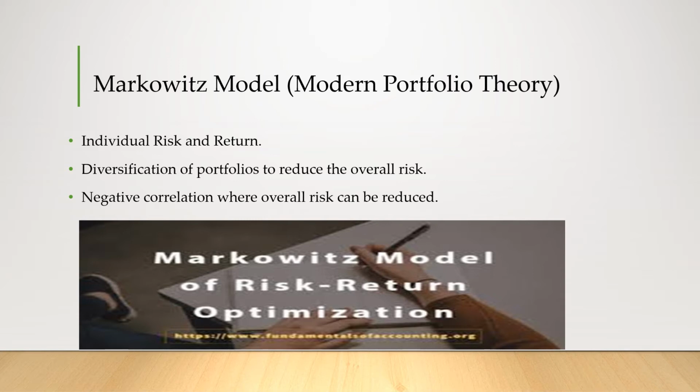Usually the relationship between risk and return is positive. So there is a positive correlation between risk and return. So here, if the risk is more, then returns will also be more. But a rational investor wants to minimize his risk and maximize the returns.